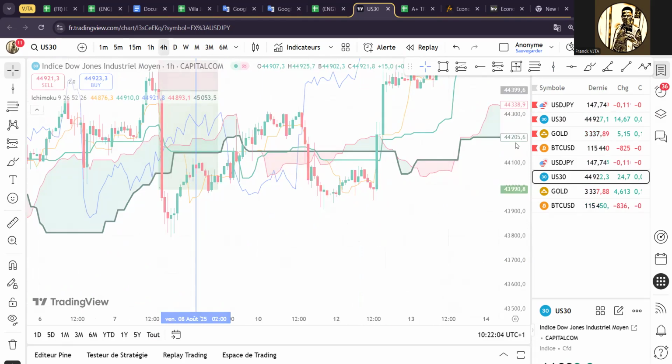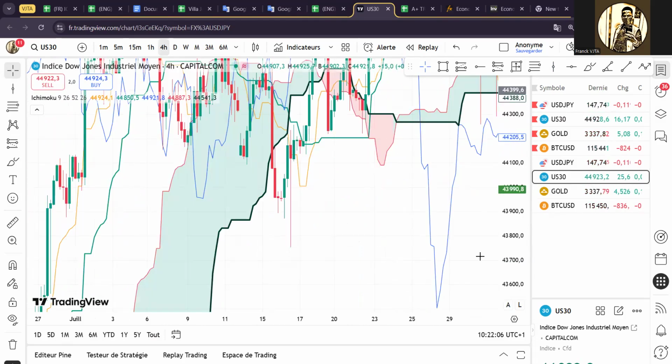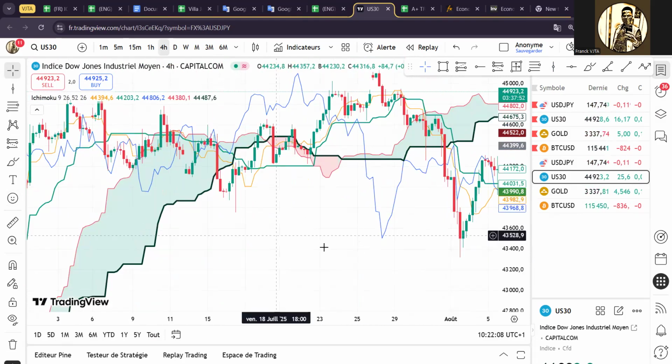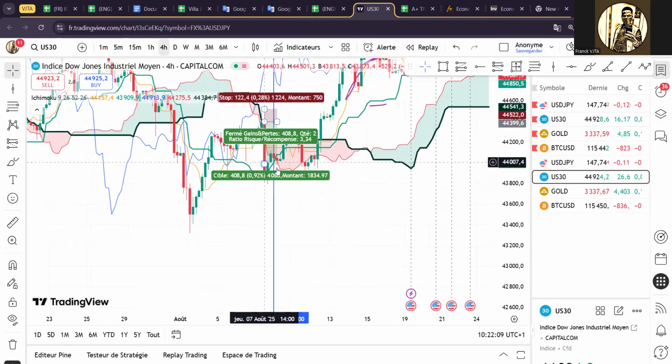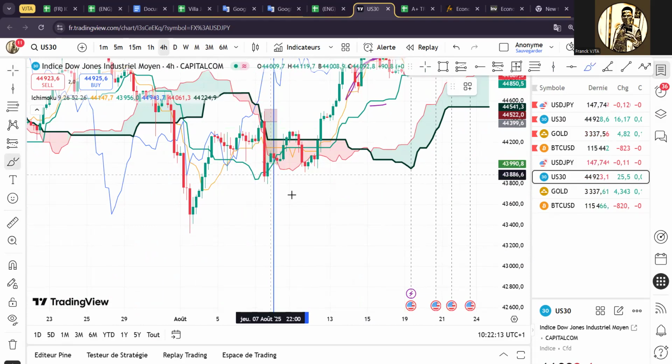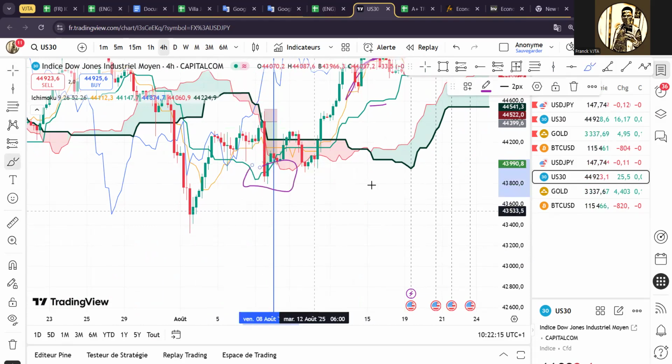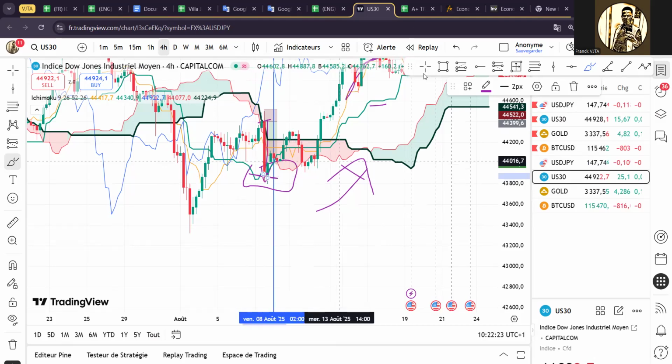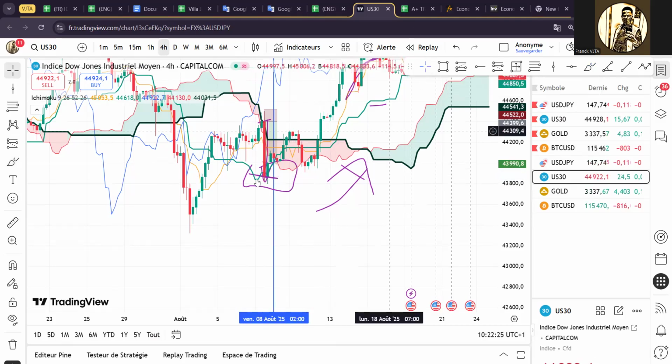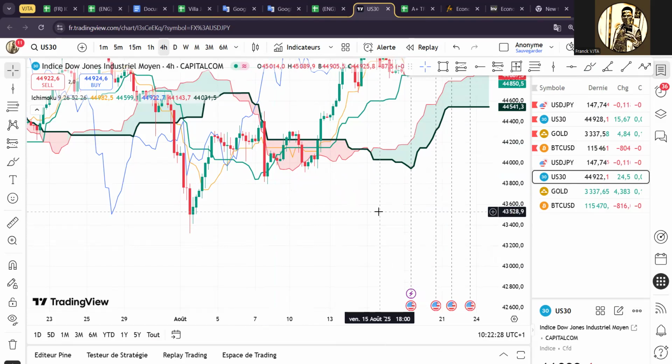If I go on 4 hour, what do we see on the 4 hour? We see that where the AK is, we have an inverted Kijun, which is a sign of what? Of reversal to the upside. So if you sold just this SSB 4 hour, take your profit on the inverted Kijun and exit and go. Don't force the thing. Don't be too much greedy.